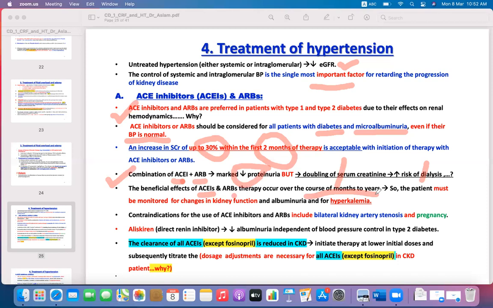So the patient must be monitored for changes in kidney function and albuminuria, and for hyperkalemia, which is an adverse effect of angiotensin converting enzyme inhibitors and angiotensin receptor blockers.